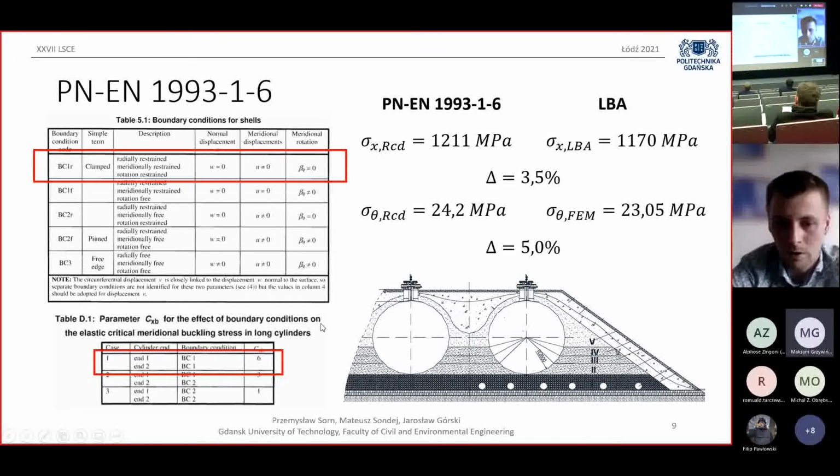Also, it is important to say that the Eurocode doesn't give any conditions for when the tank is underground. So the real boundary conditions are different from what was taken into account during the analysis, because the tank is supported on the bottom of its shell, not on its ends.